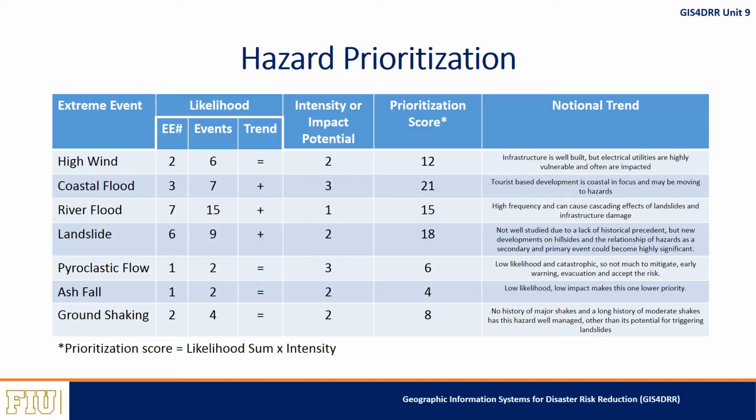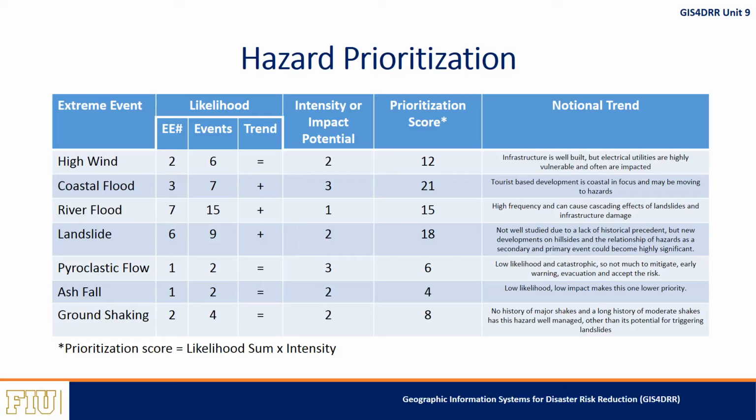We've got a number of landslides, and the way they're trending as well is significant. Some interesting things here. We have pyroclastic flow. That's got a 3 intensity level. The problem with that is there's not much mitigation you can do for pyroclastic flow, so you pretty much have to evacuate.